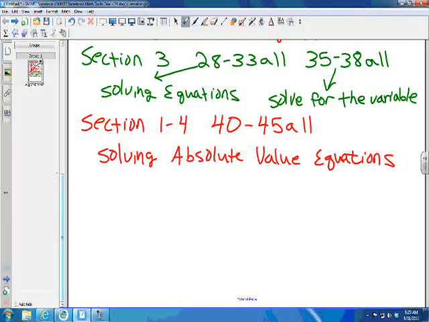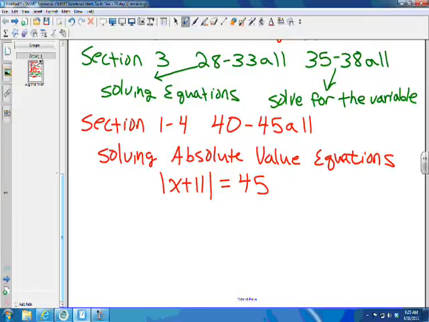These should be pretty simple points as well. The only difference between section 3 and section 4 is you've got to split these up since they're absolute value. You have to remember that. Number 40. I don't even remember what it equals.